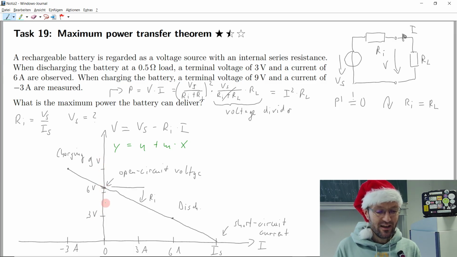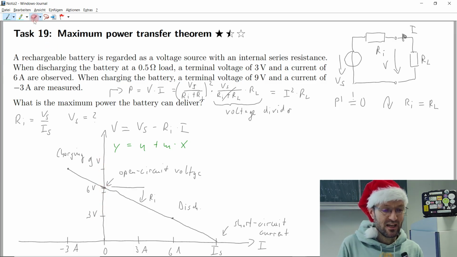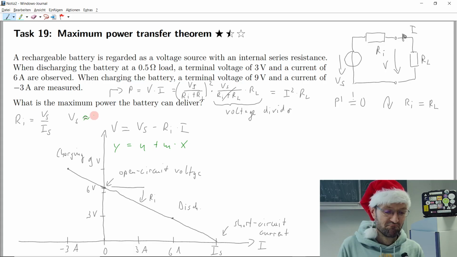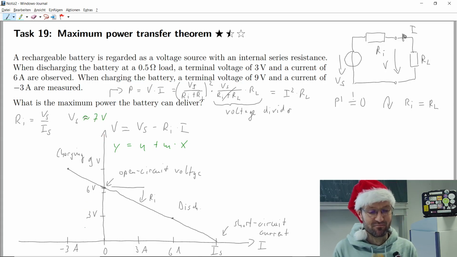So looking at what I've drawn here, what would be your lucky guess for the source voltage? Approximately? So here's 3, 6, here's 9. This point could be at, I would say, 7.